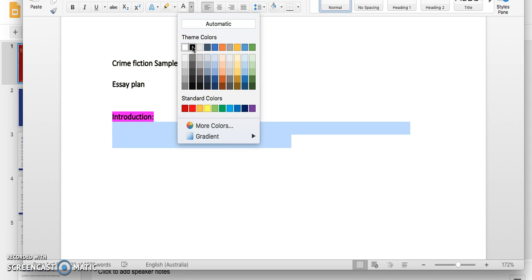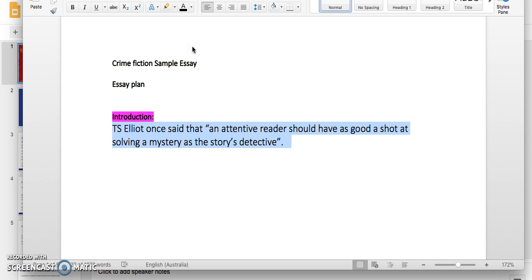So in terms of the introduction, we said that our first sentence must be quite broad, and it could be perhaps even a quote that we get from the internet, or something that we may have heard to hook my audience's attention. So I found this very interesting quote online by T.S. Eliot, and it says, T.S. Eliot once said that an attentive reader should have as good a shot at solving a mystery as the story's detective.